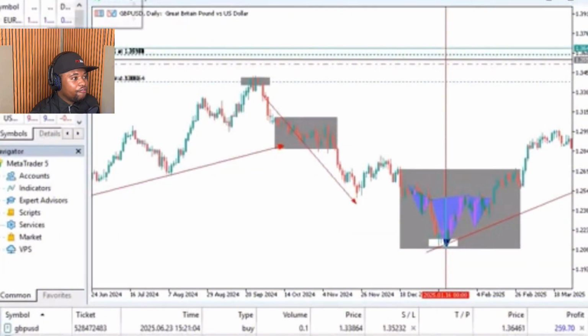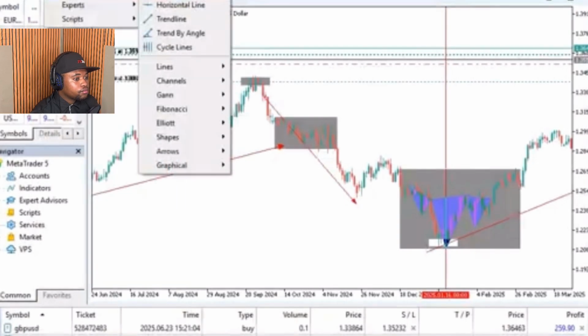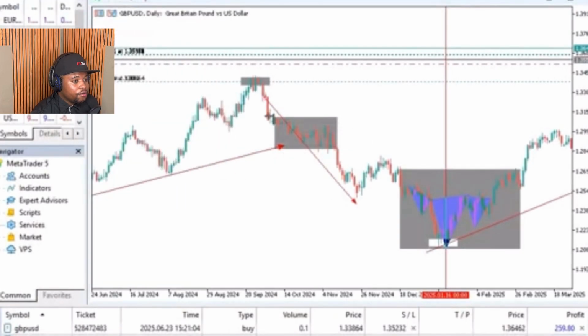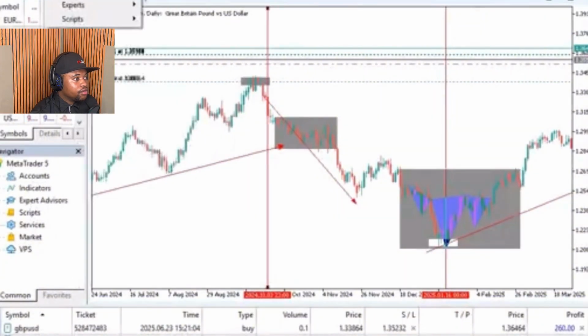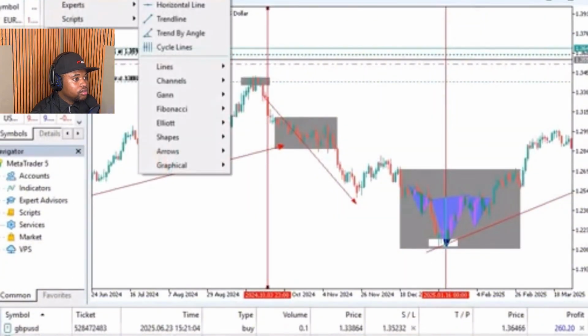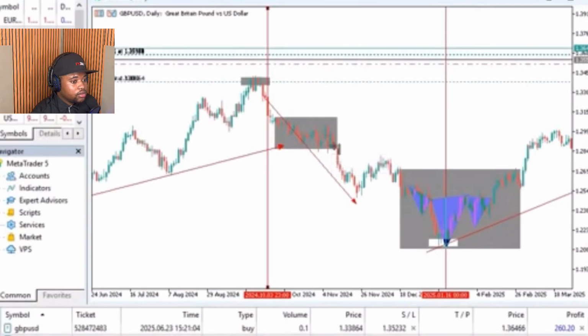I'm sure a lot of people actually held this. If there were people who took this trade from this level here until this level here, this is a huge consolidation, right?